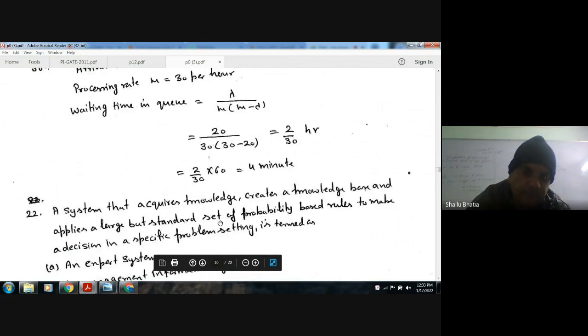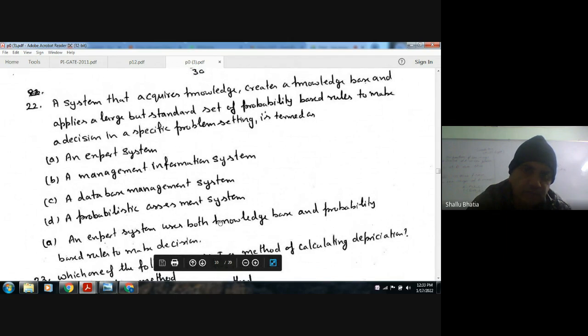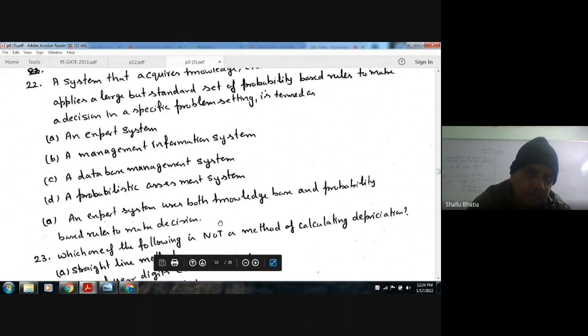Next, a system that acquires knowledge, creates a knowledge base, and applies a large but standard set of probability based rules to make a decision in a specific problem setting is termed as: A, an expert system, B, a management information system, C, a database management system, D, a probabilistic assessment system.